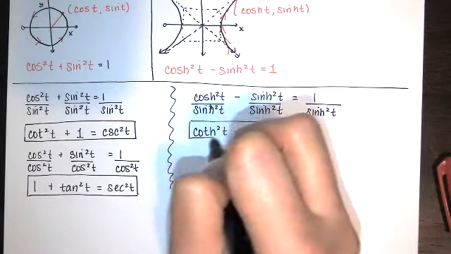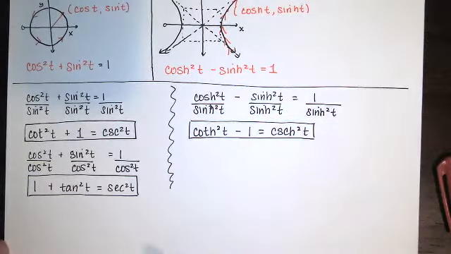If you're just trying to memorize identities, though, your intuition might be incorrect because you might be thinking this way, but it's actually this way.